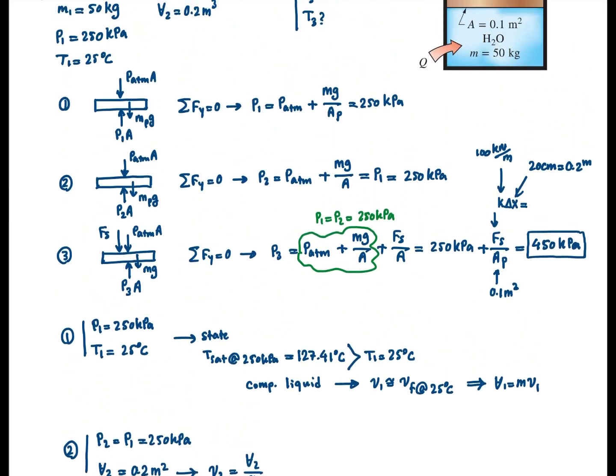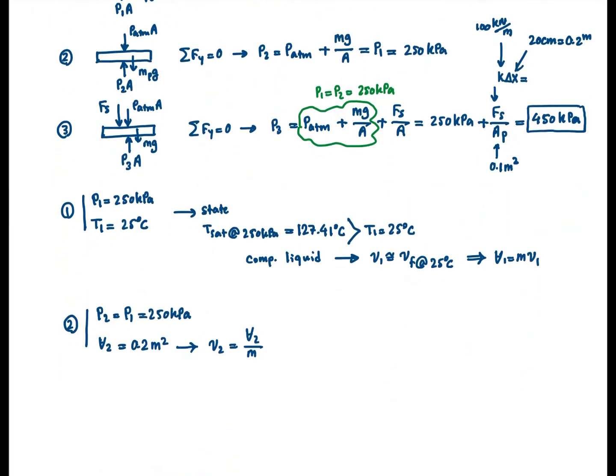This mass equals M1, which is 50 kilogram. 0.2 meter cubed. Sorry, this was meter cubed. Divided by 50 kilogram, which is 0.004 meter cubed per kilogram.